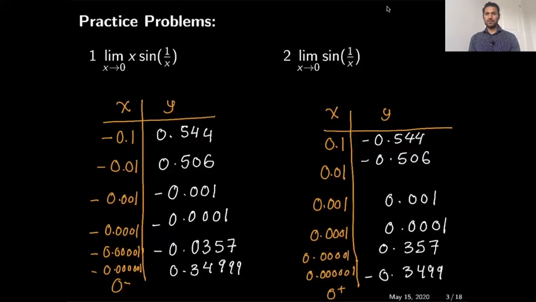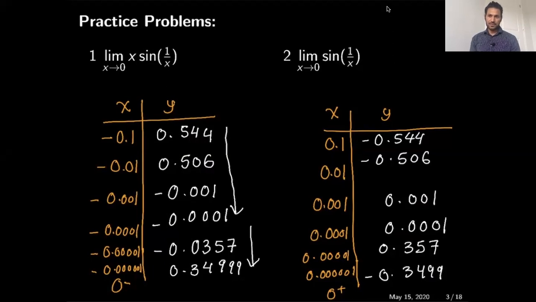So here, after plugging the x values into the function, as you can see, there is a very interesting trend. The function initially was approaching 0, but suddenly the y values are going away from 0. So the trend of the y values is not consistent. Sometimes it's going to 0, sometimes it's going away from 0.